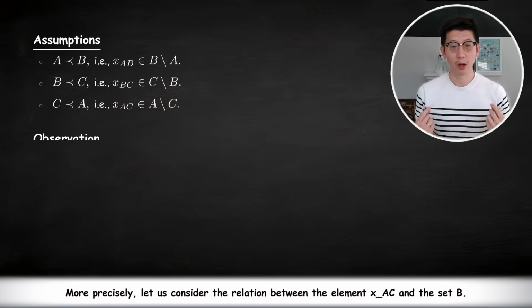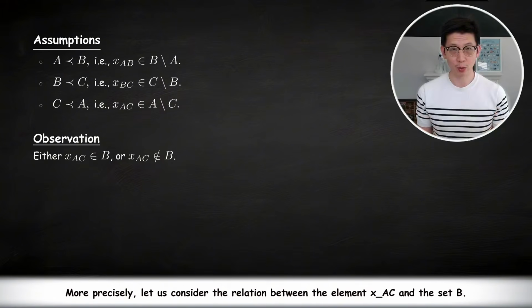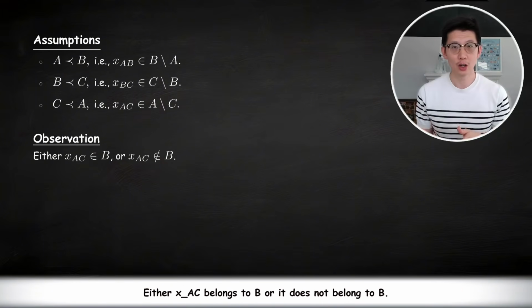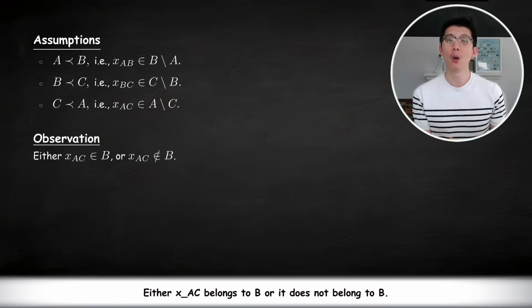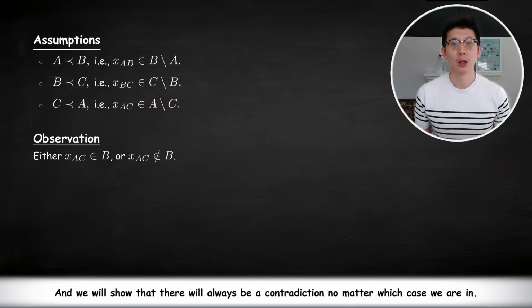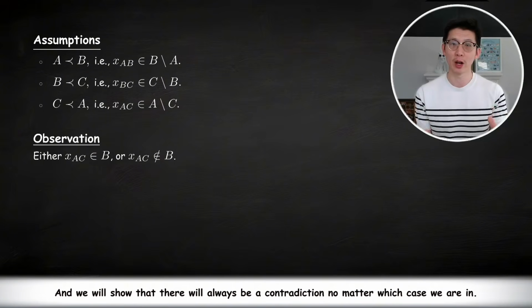More precisely, let us consider the relation between the element XAC and the set B. Either XAC belongs to B or it does not belong to B. And we will show that there will always be a contradiction no matter which case we are in.